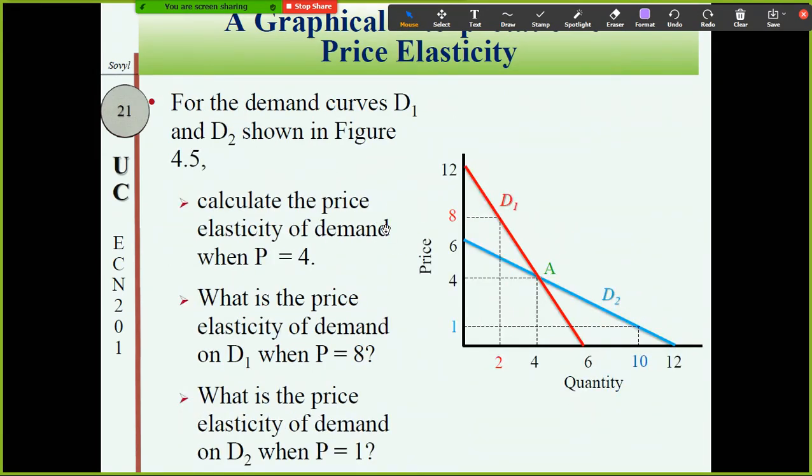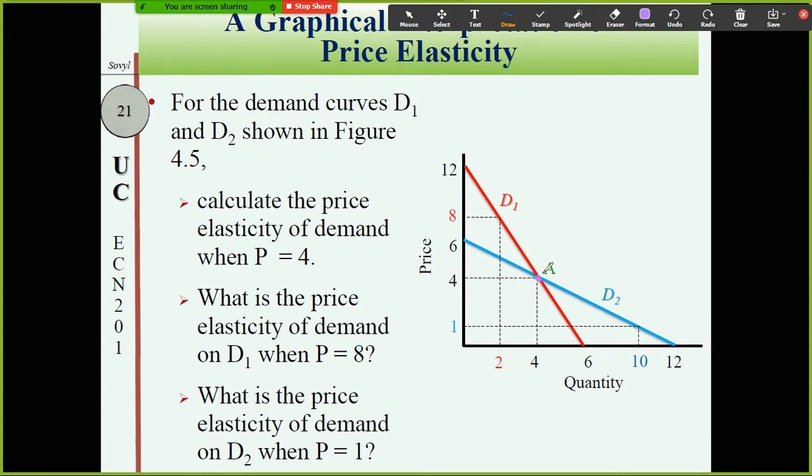This is like practice. For demand curves D1 and D2 shown in figure 4.5, calculate the price elasticity of demand at P equal to 4.